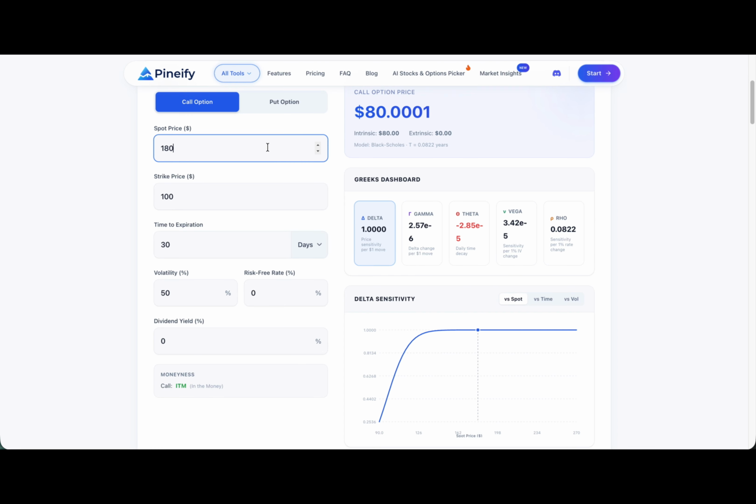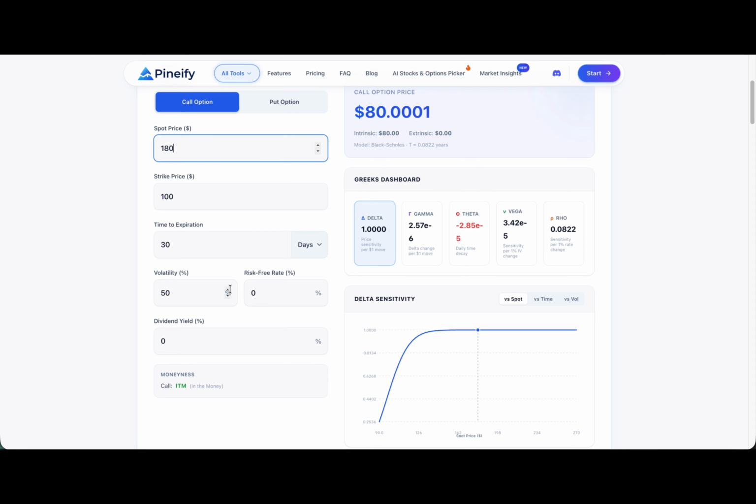With this much appreciation above the strike, the market and the option, this volatility is no longer enough to counter, or is no longer seen as likely to counter, the fact that the option is in the money, all right?